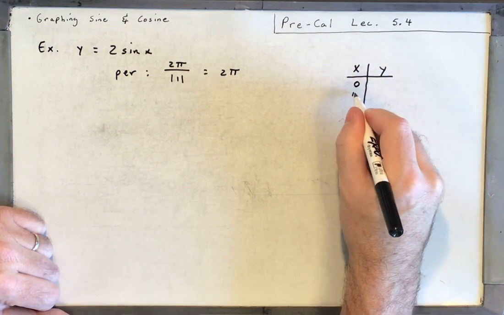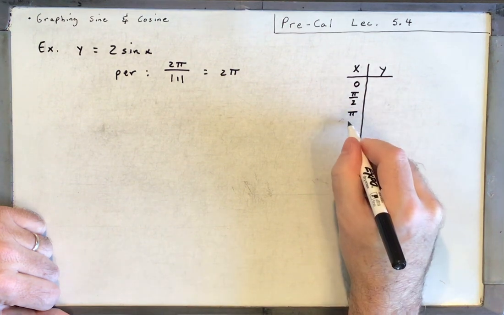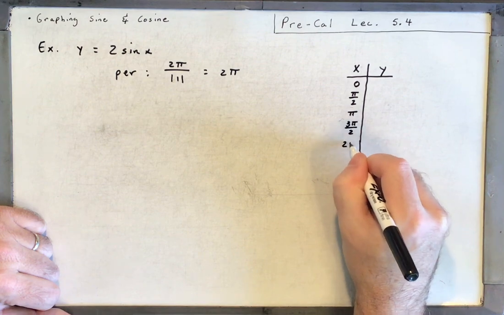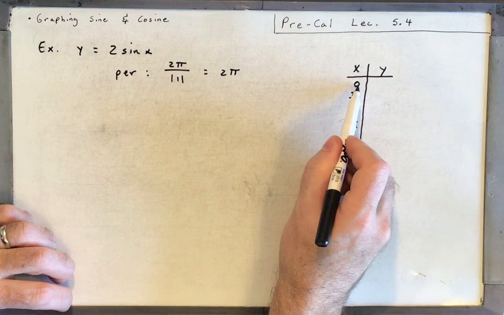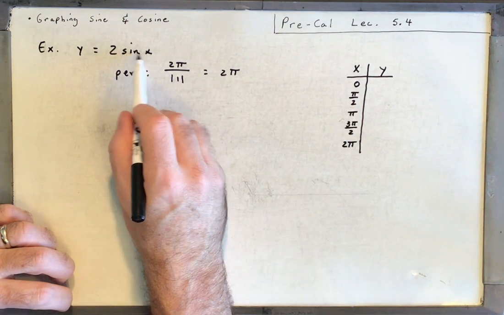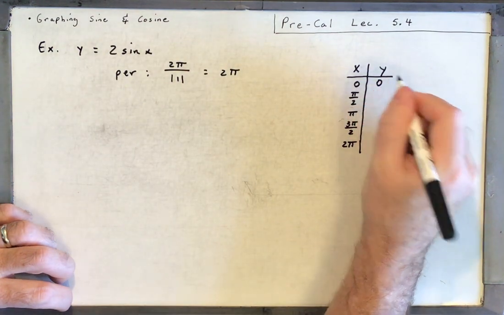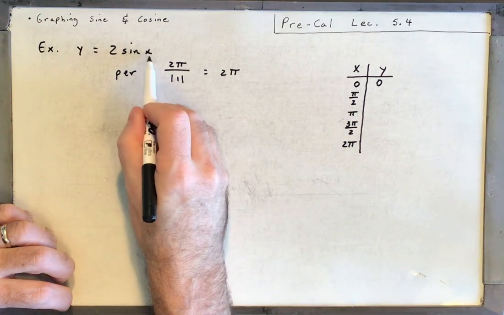So 0, pi over 2, pi, 3 pi over 2, and 2 pi, just like before. And now we'll just plug the number in. Okay, we're going to plug in 0. Sine of 0, if you look at your unit circle, is 0, times the 2 out front is 0. Sine of pi over 2, we're going to plug pi over 2 in for x.